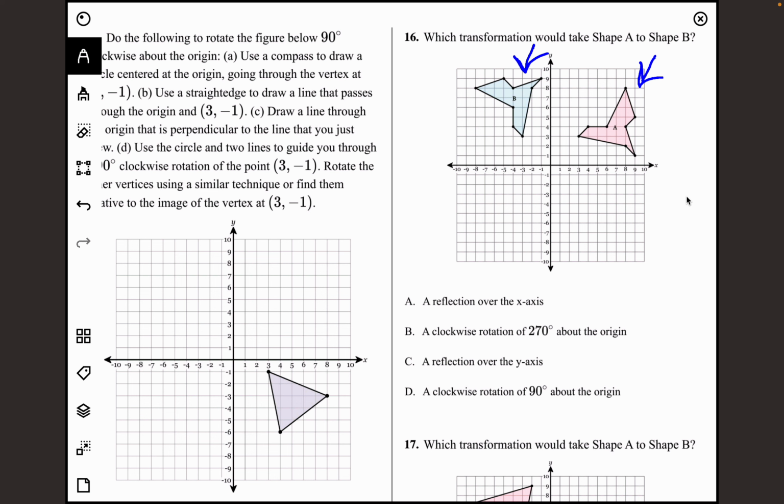Is it B or D? Should be B. These say clockwise, so pay attention. Yeah, it goes here. It's B.